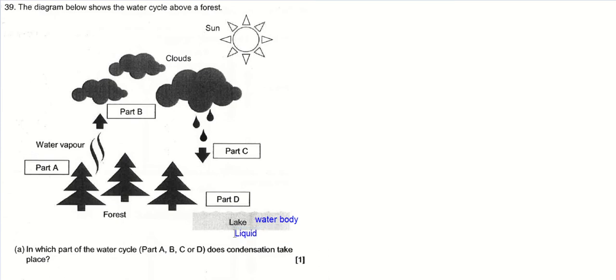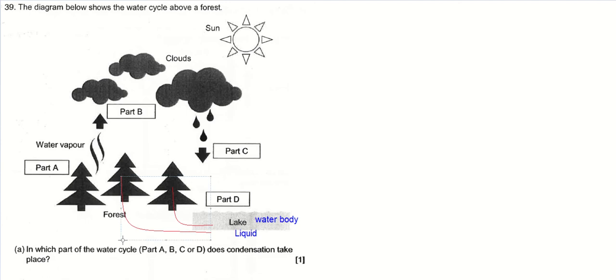And then the water is absorbed into the trees. I'm going to make it red so that you can see. The water is absorbed into the trees, because the tree uses the water for photosynthesis, for making food.